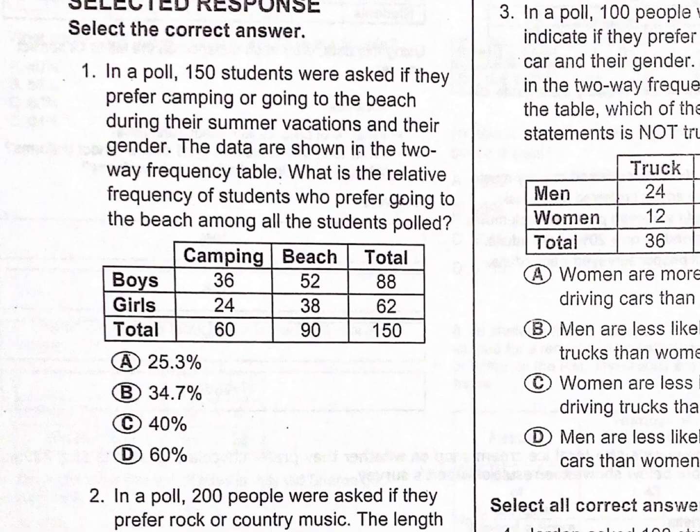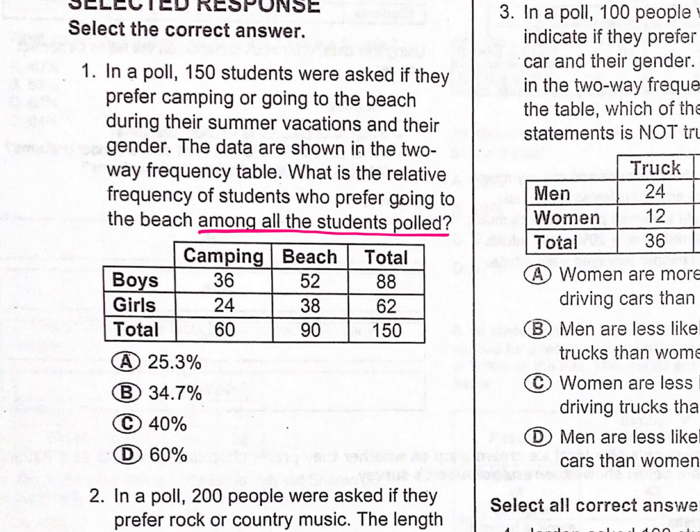On the next page, in a poll, 150 students were asked if they prefer camping or going to the beach during their summer vacations and their gender. The data are shown in the two-way frequency table. What is the relative frequency of students who are going to the beach among all students polled? Now this one's worded kind of funny.